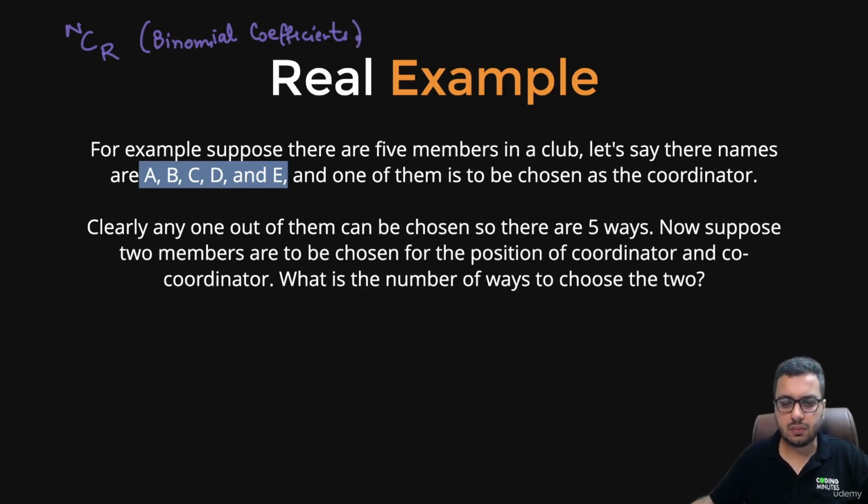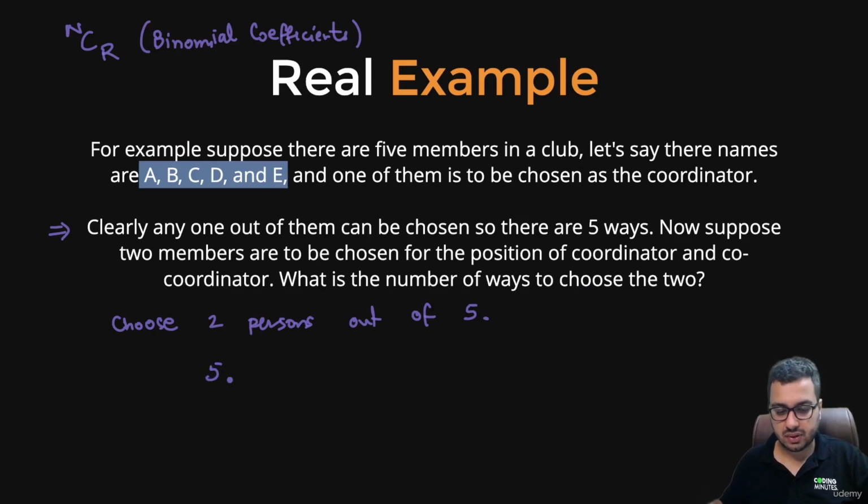But suppose the question is a little different. Suppose I want to choose 2 persons out of 5. Again, it's pretty easy. It's going to be 5C2, so 5 factorial divided by 3 factorial and 2 factorial.